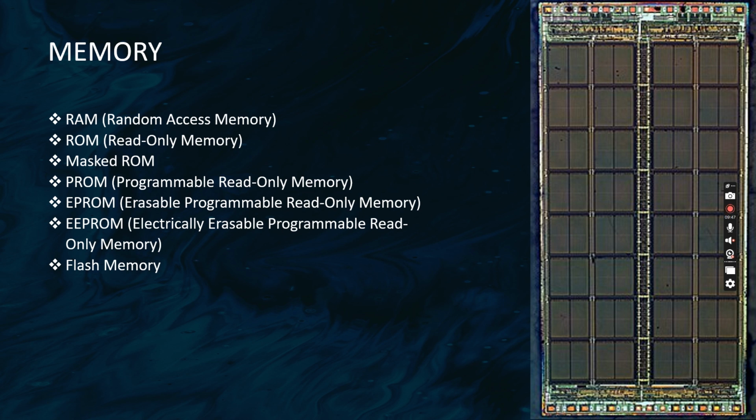Random access memory is usually a low capacity memory which we use in real-time computation of embedded systems. It has low capacity because it is a volatile memory. It doesn't store the data after the power is gone.